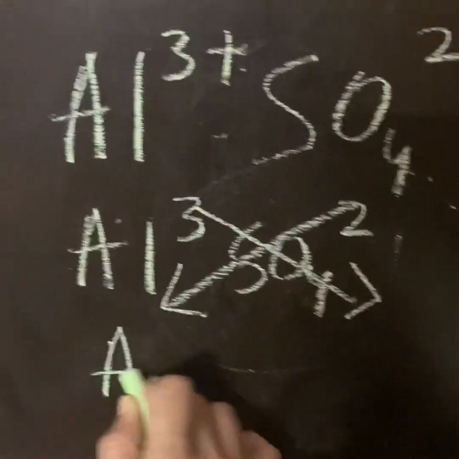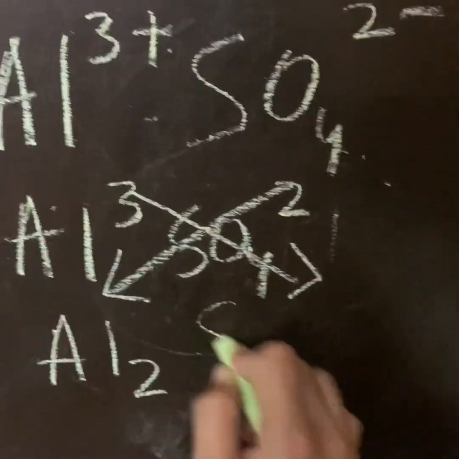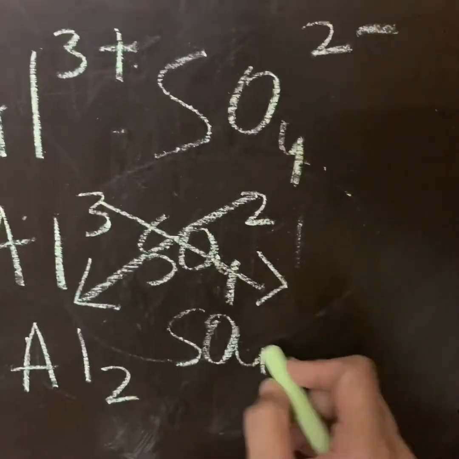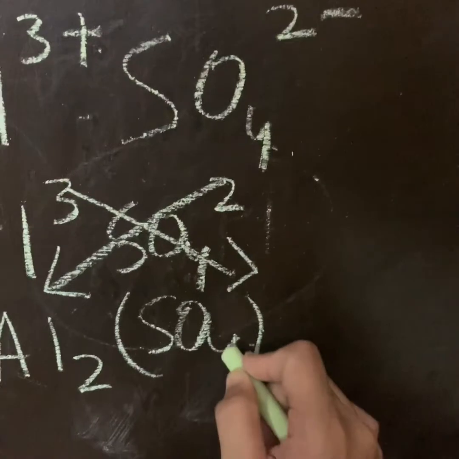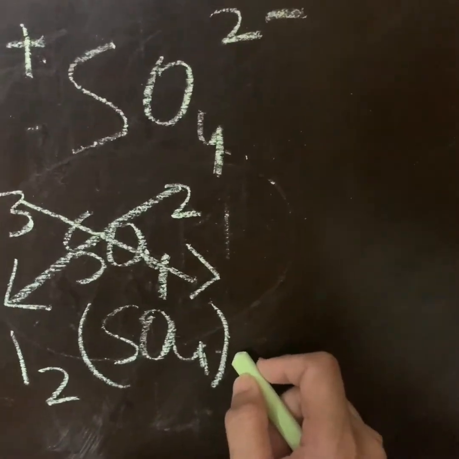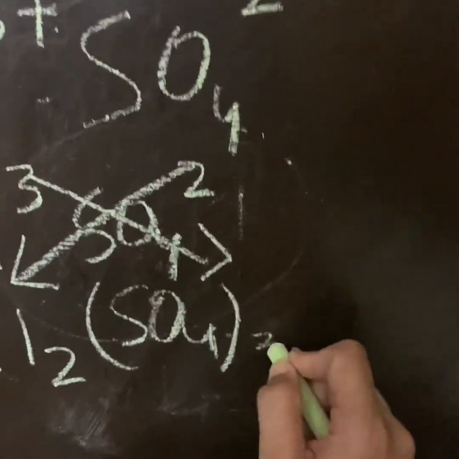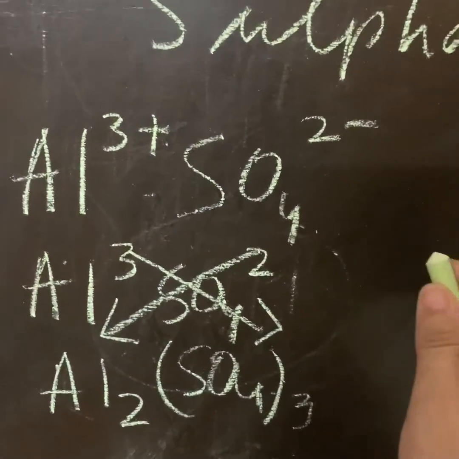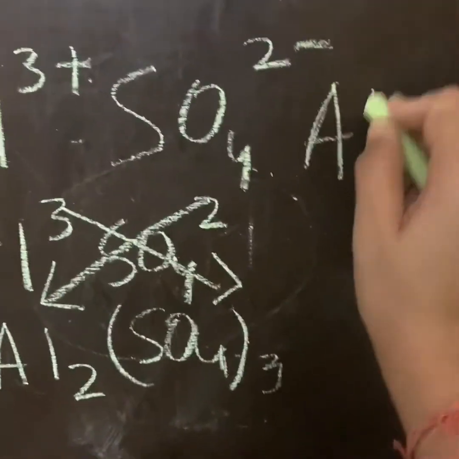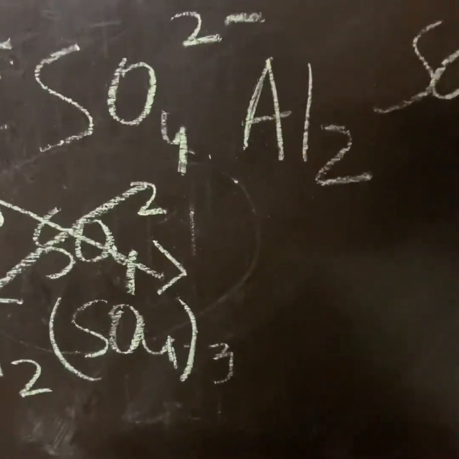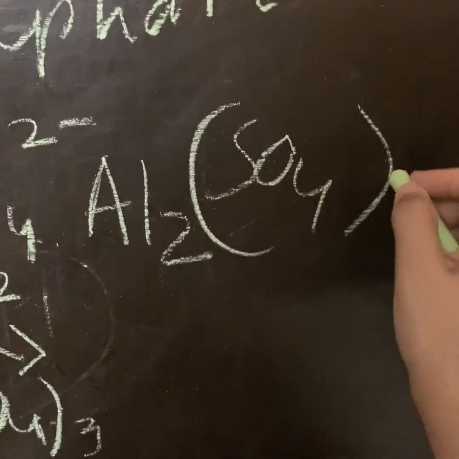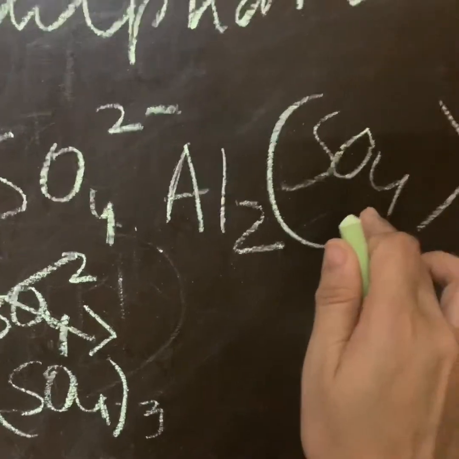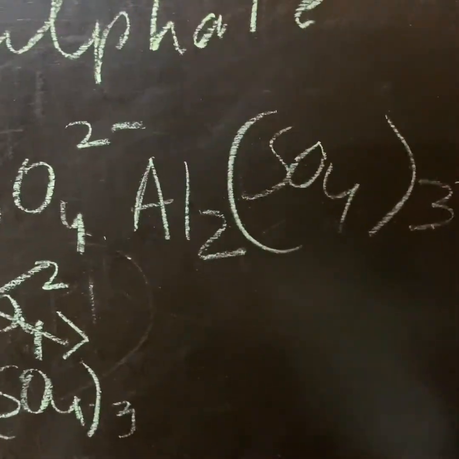It becomes Al2 SO4. You have to write SO4 within brackets, then write 3 outside the bracket. So the formula of aluminium sulfate is Al2(SO4)3, where 4 is the number of atoms of oxygen.